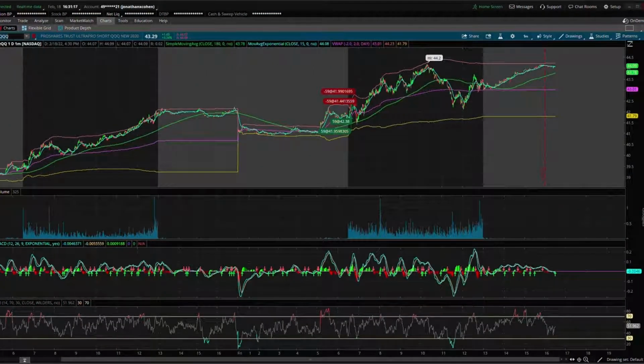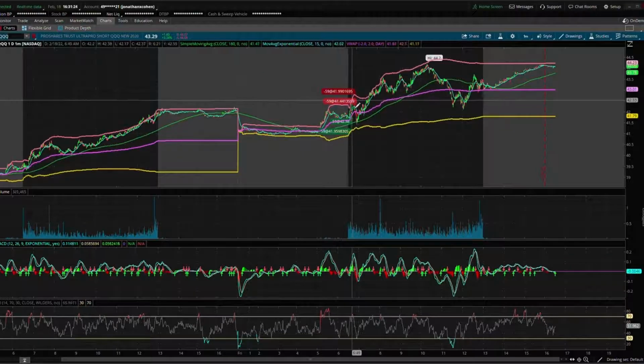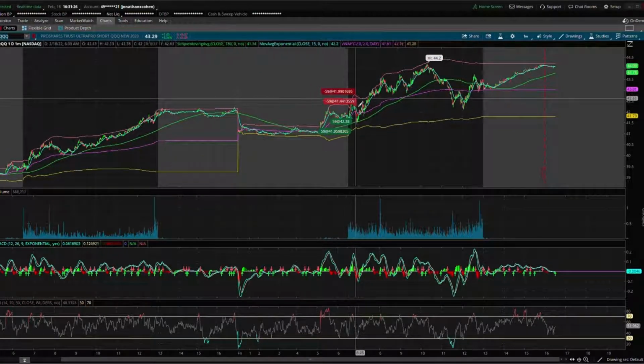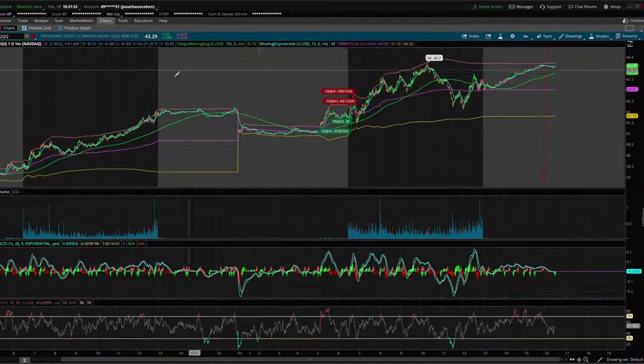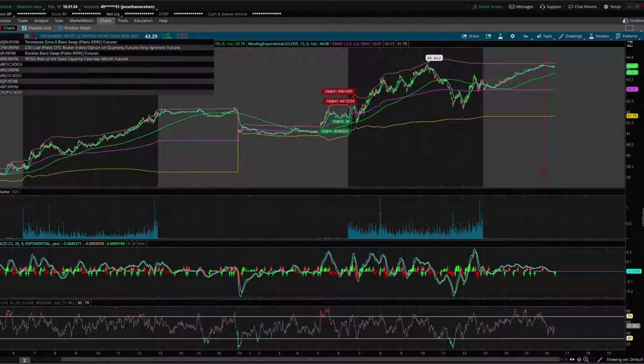So what I could have done better is been paying more attention to that support level on NQ, and it would have been smart to lock it in at this resistance level here, because it ended up pushing back down and then going lower later, as you can see here.